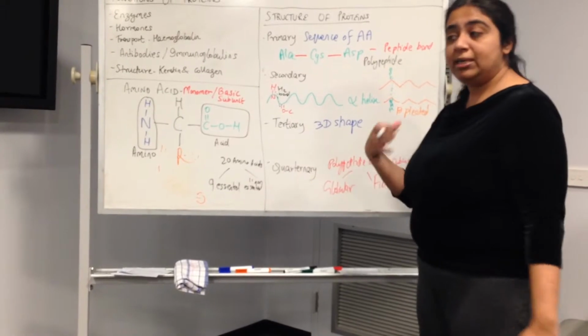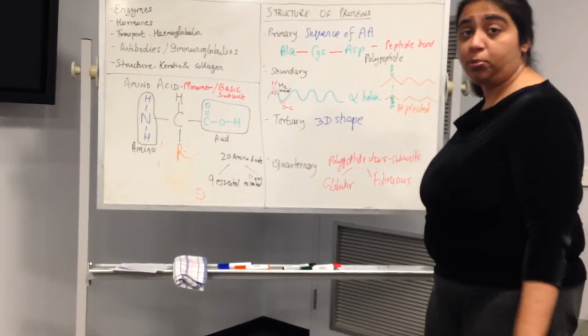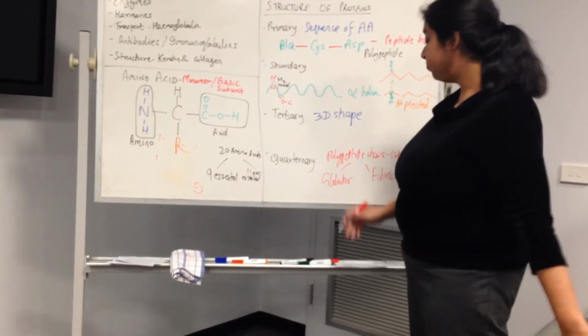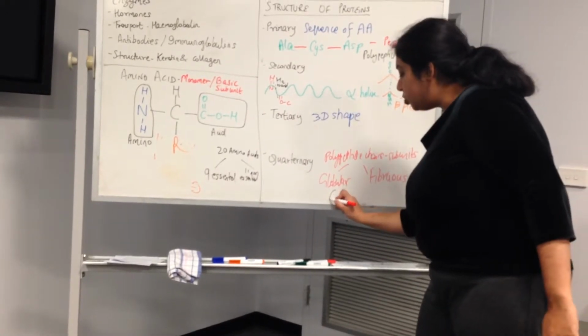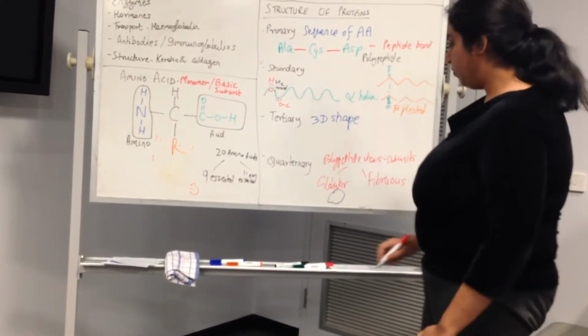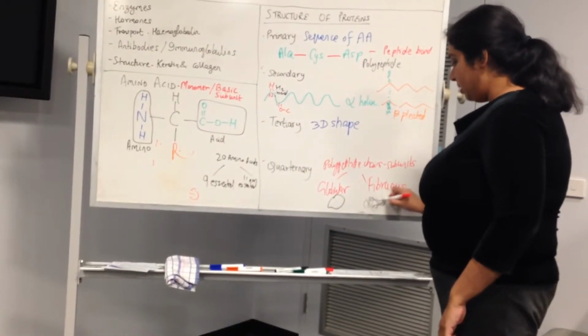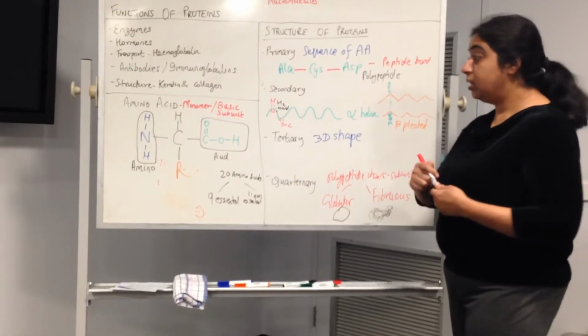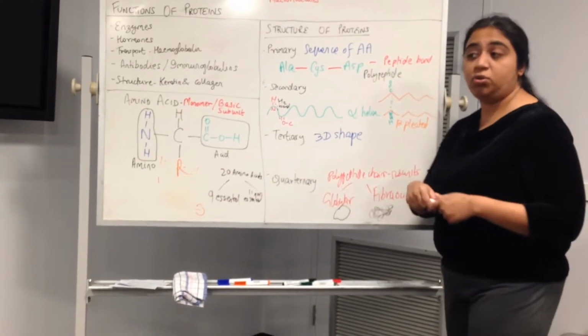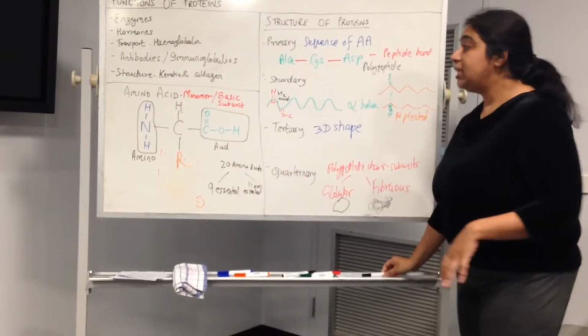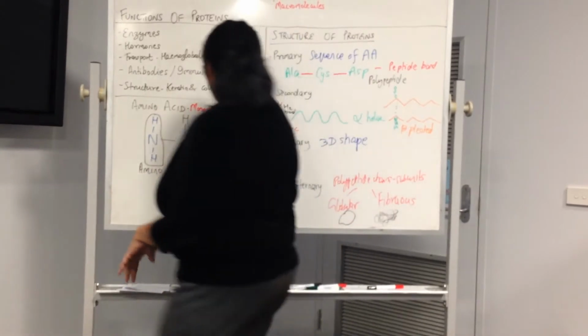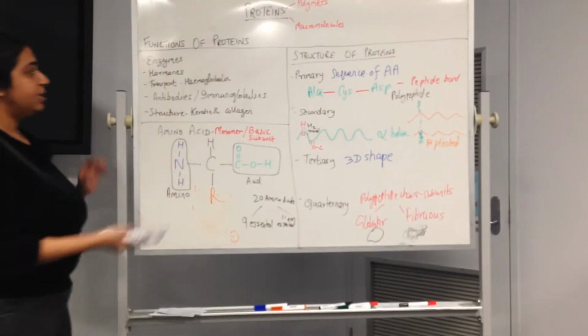So a globular protein is something like your insulin or your hemoglobin, hence the name globulin over there. So globular proteins overall have a bit of a round shape, whereas a fibrous protein is a little bit messy like this. And we find that in, say, something like collagen or keratin, or even the protein that forms silk. So these are the different structures of proteins that we have looked at.